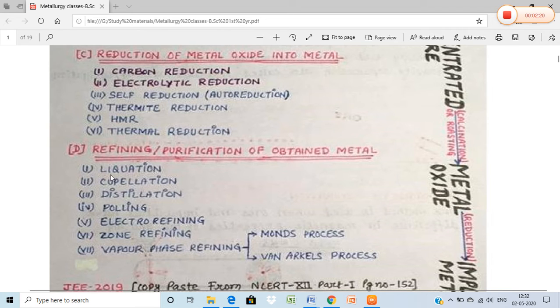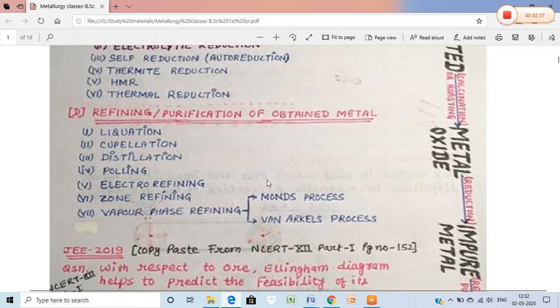There are several processes, and any one of these can be used depending upon the nature of the ore to get the pure metal from the impure metal.